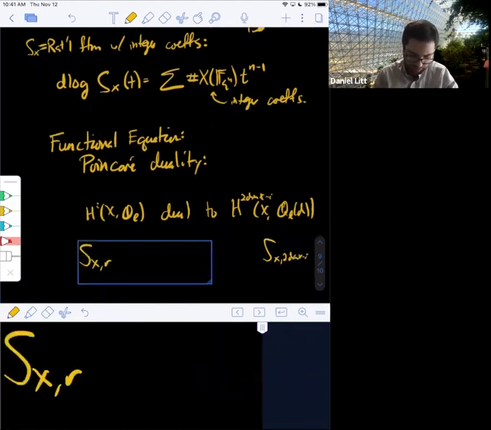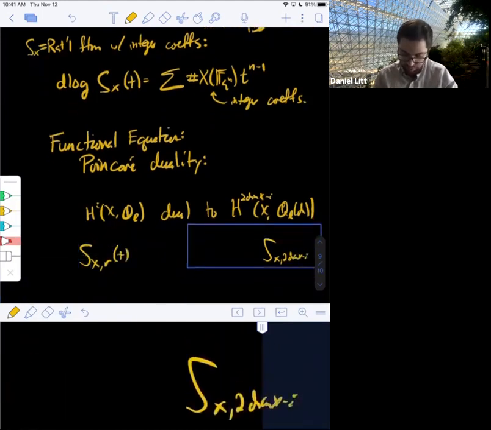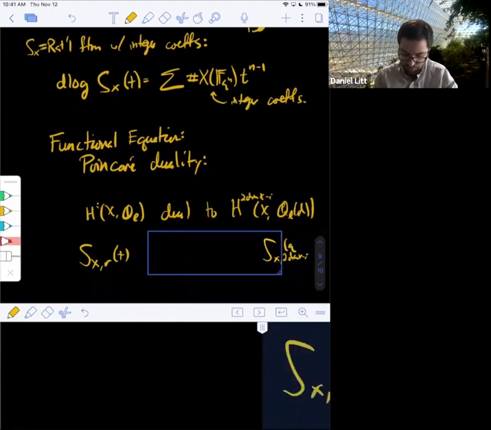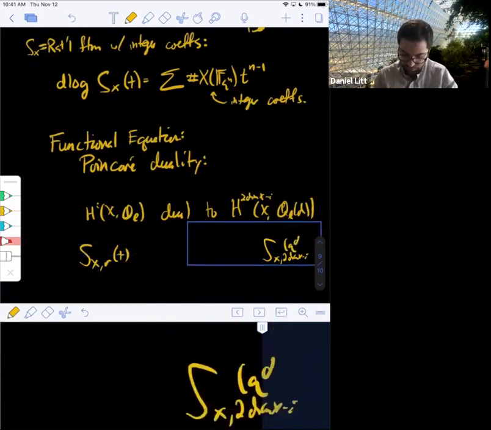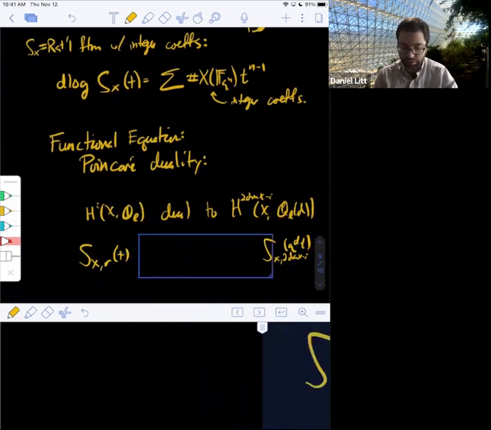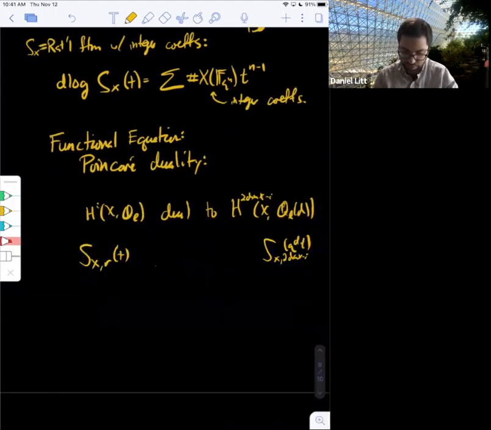Here with a t, and here with a q to the dt, and you have to work out what exactly this relationship is, and then plug it in, and you'll see you immediately get the functional equation.